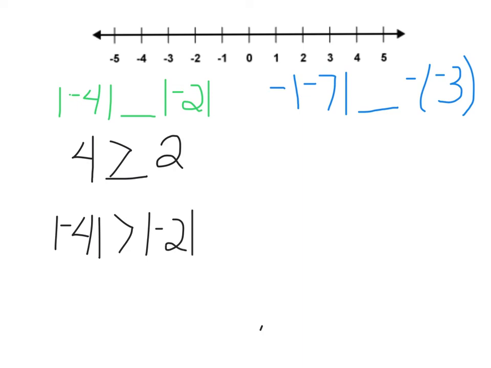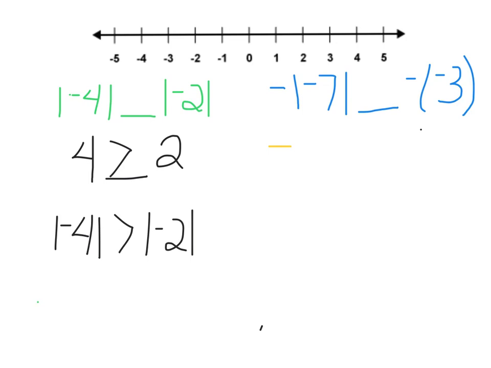Now over here we have the negative of the absolute value of negative 7 compared with the negative of negative 3. So our absolute value of negative 7 is 7.